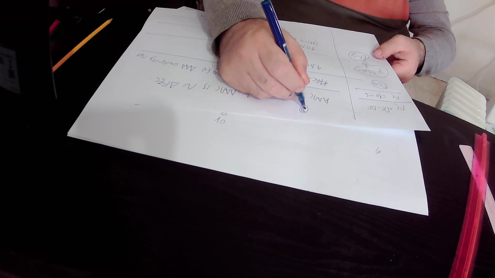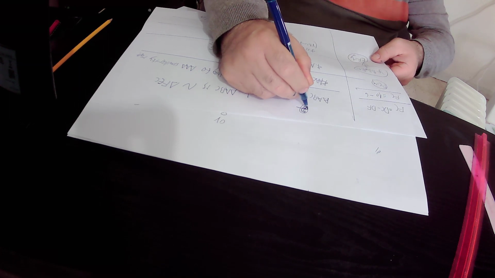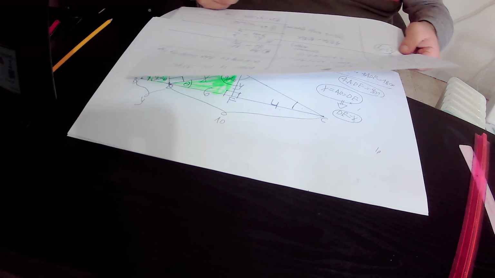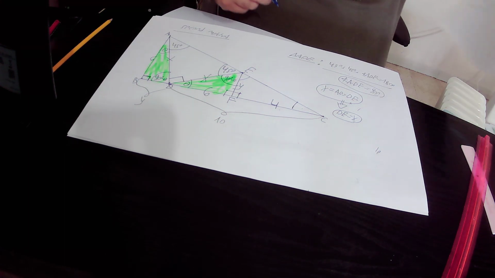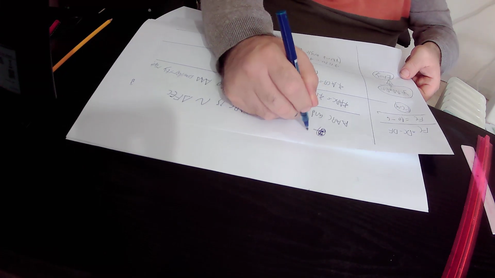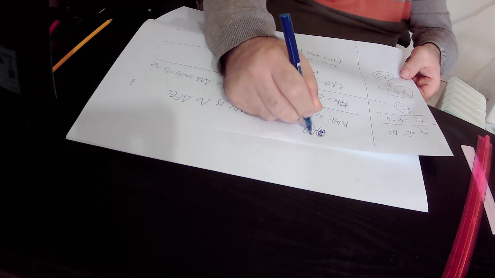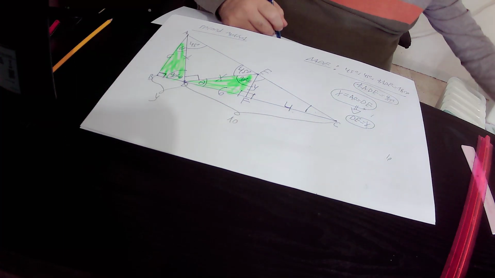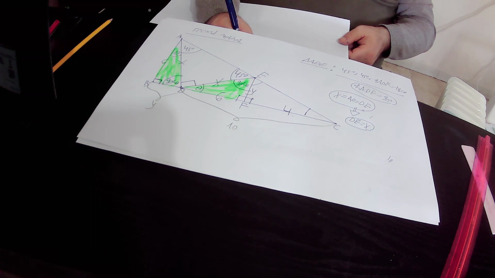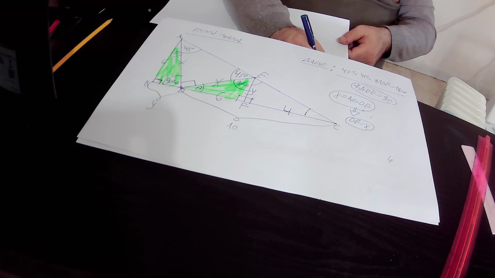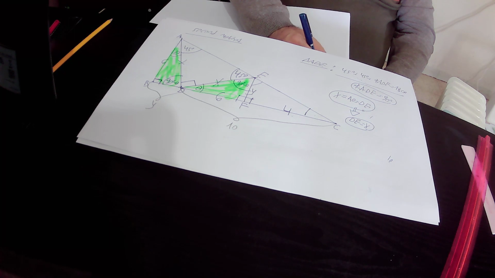that y squared plus 10y minus 24 equals 0.